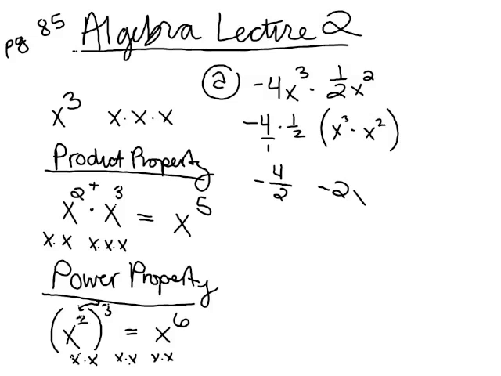X to the 5th. So which property did I use? Product or power? Product. Okay. I have 2 terms with the same variable multiplying each other, so I add the exponents.